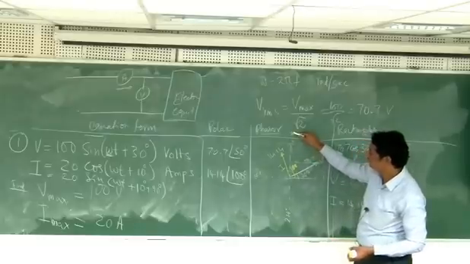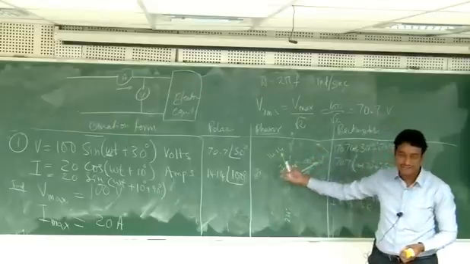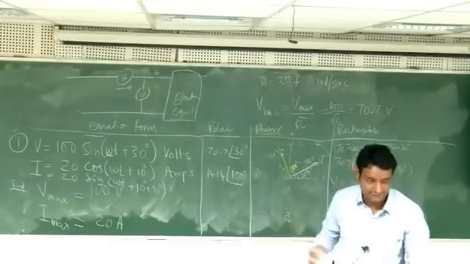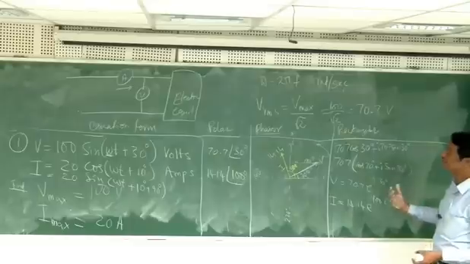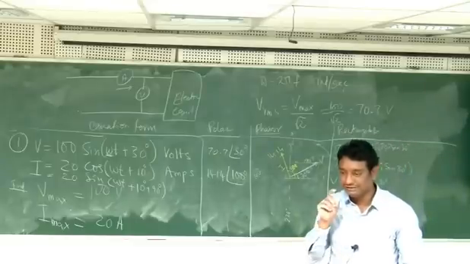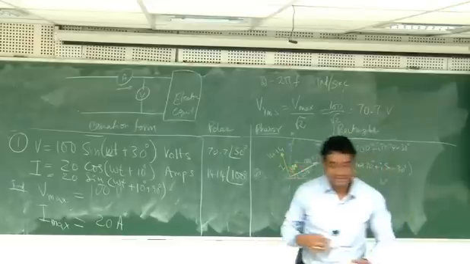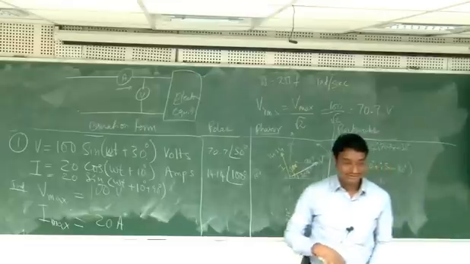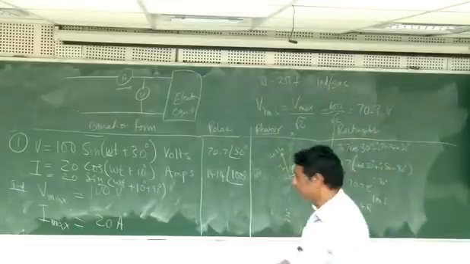If you look at the diagram, first I is coming and then after some time V is coming, therefore I is leading V. If I is leading, it is capacitive, and if I is lagging, it is inductive. We are talking about I with reference to V. Somebody can say, oh, but V is lagging I, therefore it is inductive. So the reference is the current with respect to voltage.